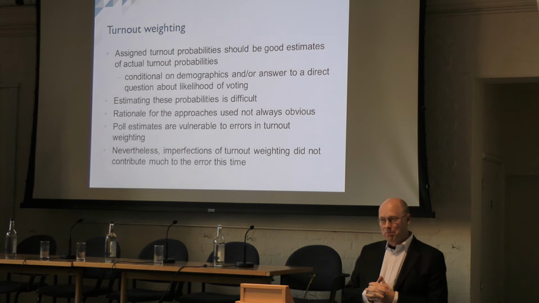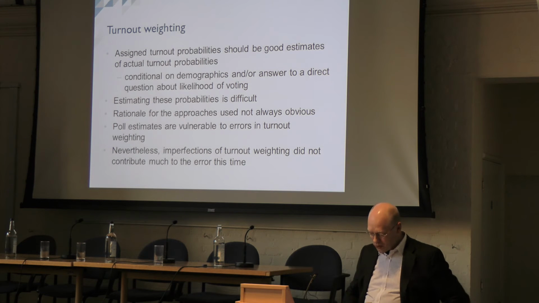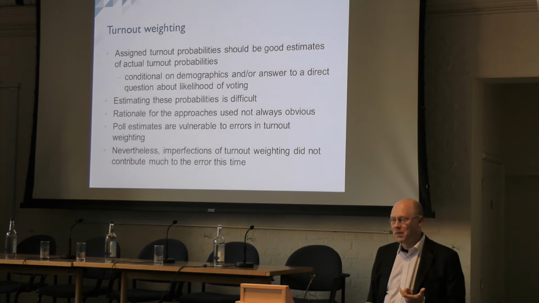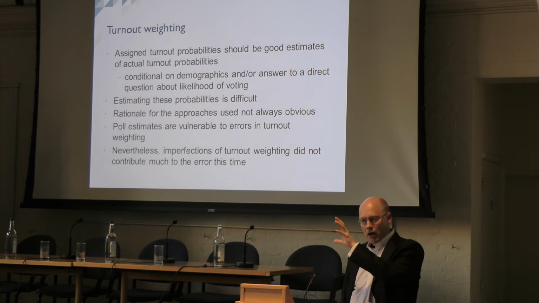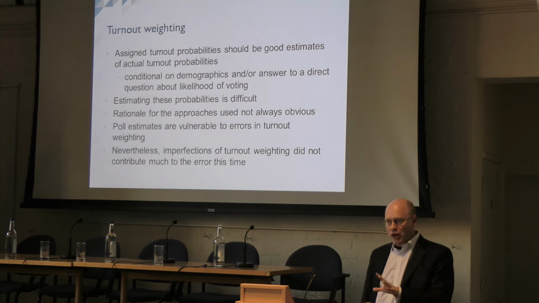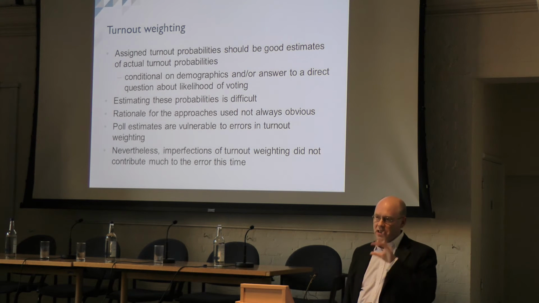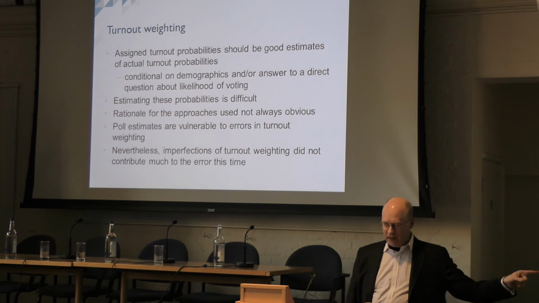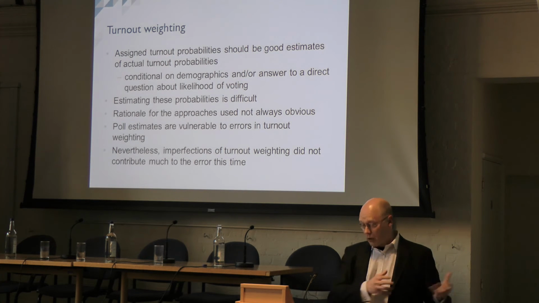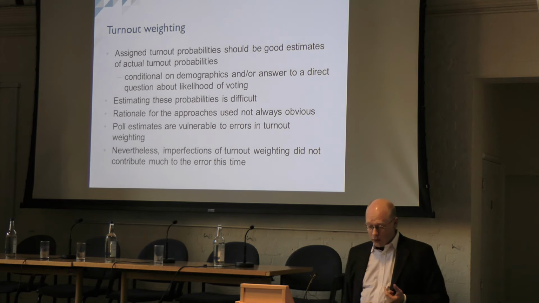Now, this is an interesting part of the methodology because it's quite difficult. These probabilities are difficult to estimate because they are probabilities of voting given other things. And by definition, the most recent available evidence is always 5 years old. It comes from the last election. So if you want to use that kind of data analytic evidence, that's where it had to come from, which is not easy.